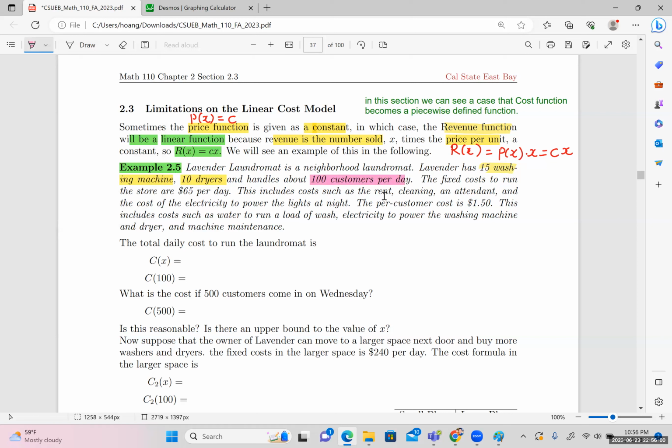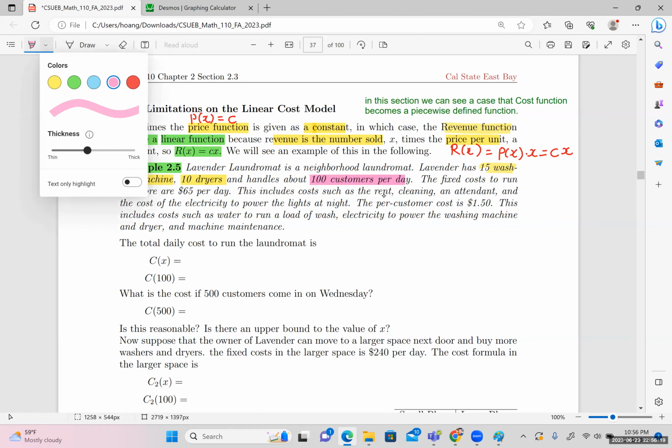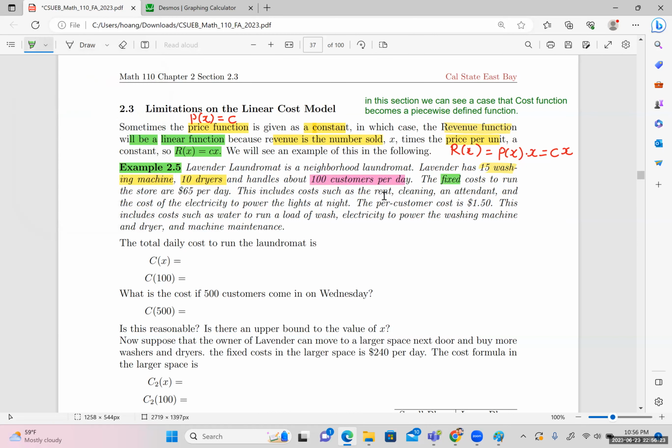So these columns are talking about per day units. And the fixed cost to run the store, I'm going to use green. Fixed cost will be $65 per day.